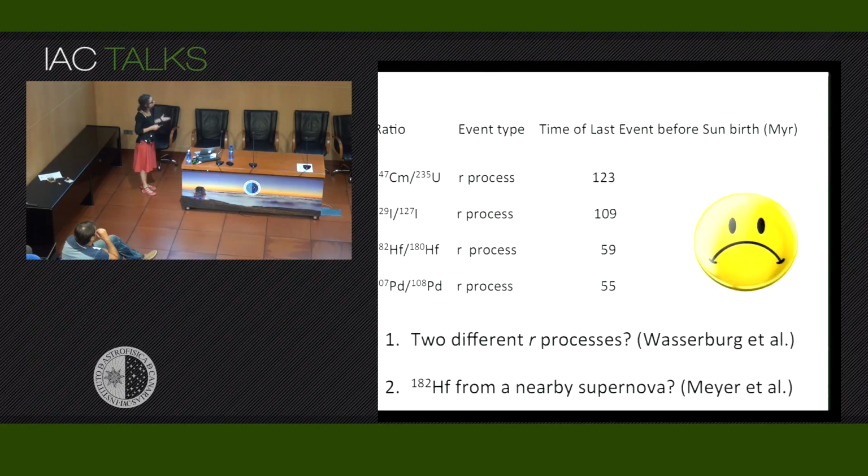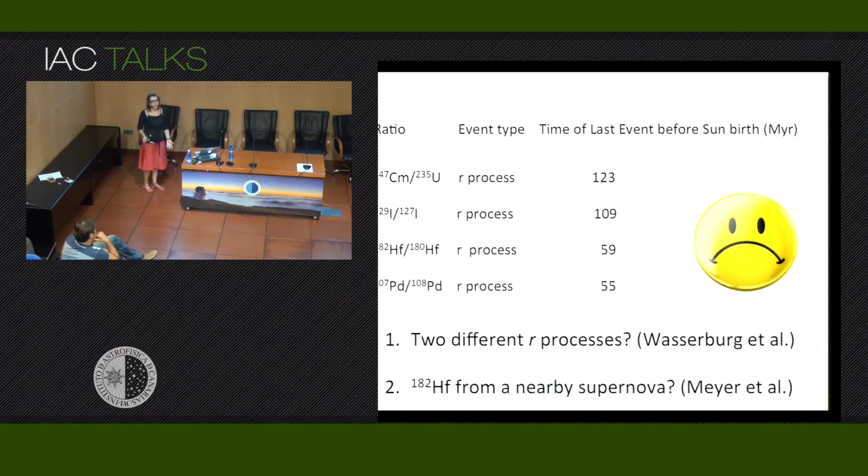One, mostly from the group of Wasserburg et al., was to say, well, maybe we're thinking too simply about the R process. Maybe there are different R processes. There's an R process that produces iodine-129, but then stops and doesn't produce the heaviest. There's another R process that produces iodine-129 and produces hafnium-182.